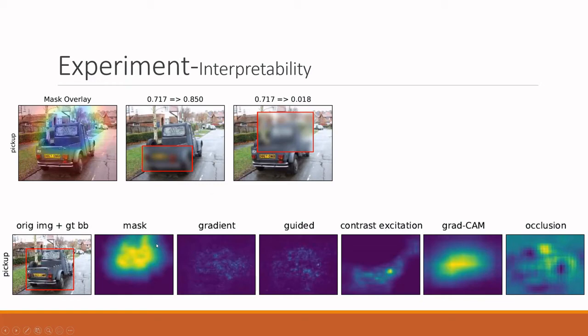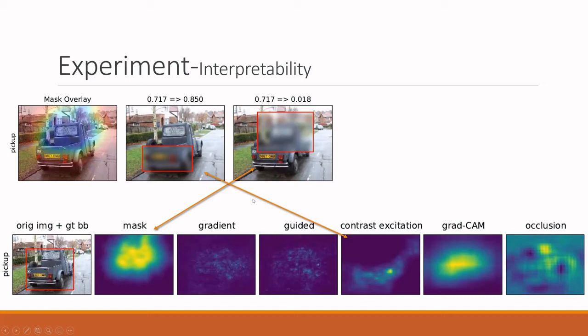Firstly, we test this mask to blur this. What we expect is that the confidence should decrease very fast, and it does. It decreased from 71% to 1.8%. And let's see the other method. They blur this bumper. We expect it will decrease some confidence, but it actually increases the confidence from 71% to 85%.